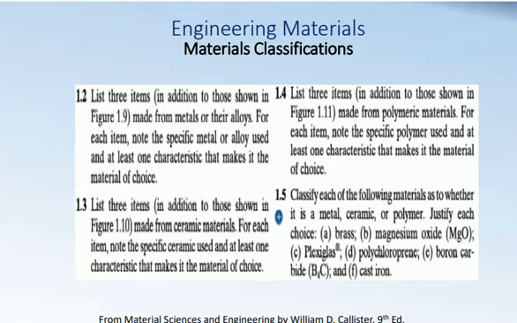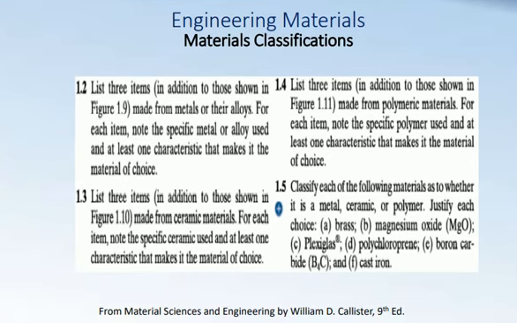Okay, again we have some more questions. For example, list three items in addition to those shown in figure 1.9. This figure is given in your reading material. List items that are made up of metals or their alloys. For each item, note the specific metal or alloy used and at least one characteristic that makes it the material of choice.